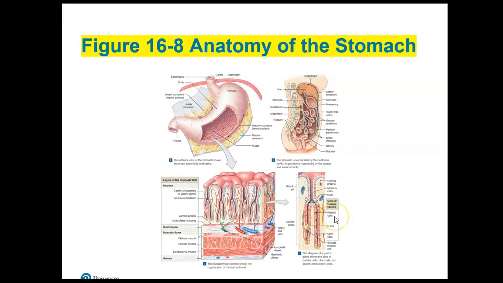They have parietal cells, G cells, and chief cells. So the G cells produce a hormone called gastrin. The parietal cells produce the hydrochloric acid and intrinsic factor, and the chief cells produce pepsin, which is an enzyme that breaks down proteins.